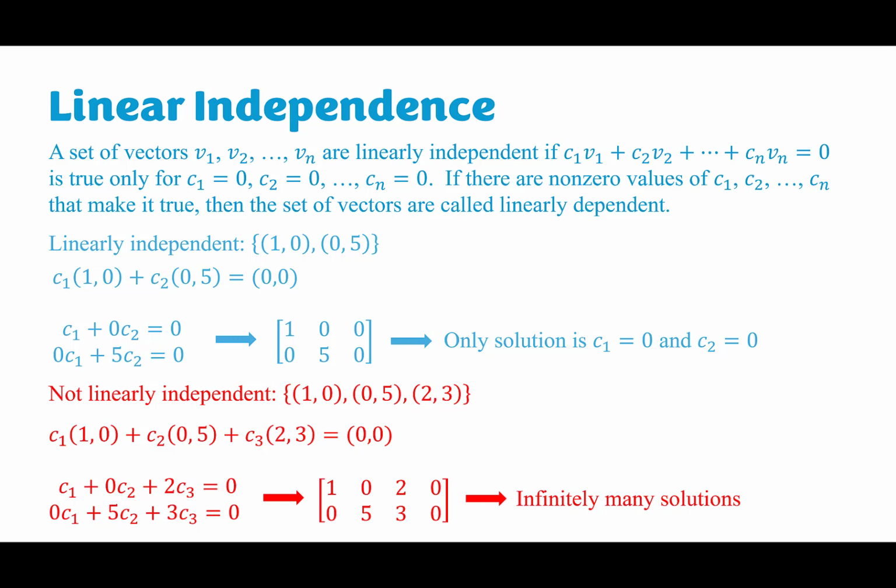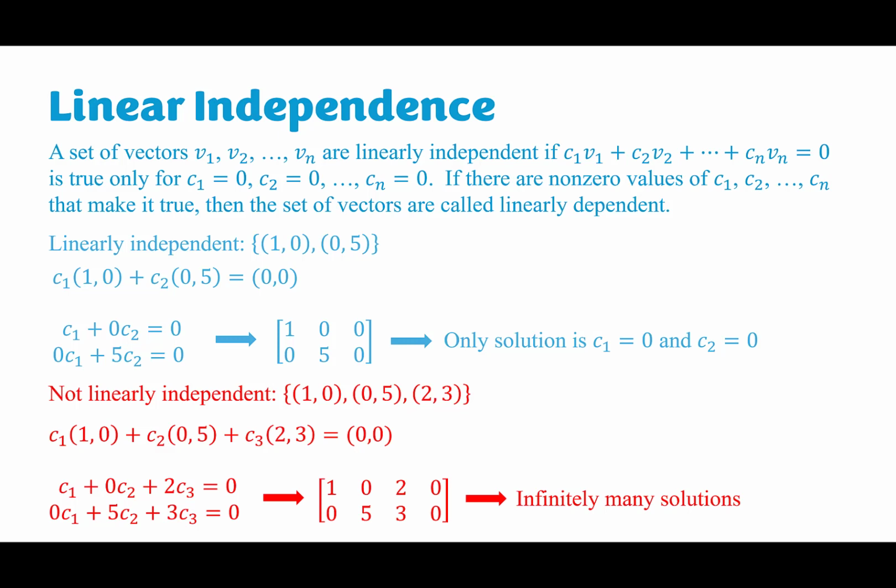It's not independent. Now, a more intuitive way to think about this, especially for the not independent case, is that since they're not independent, you can have some solution C1, C2, C3 where those are non-zero. And that means you can rearrange the equation to write one vector in terms of the others. So you can have one vector depend on the combination of the other vectors. Maybe that makes more sense with this independent and dependent language. When they're independent, that means C1 and C2 equaling 0 is the only solution.